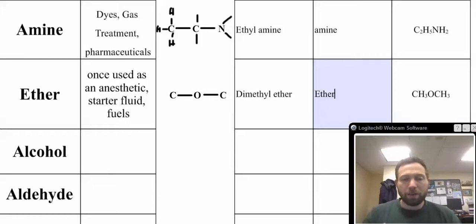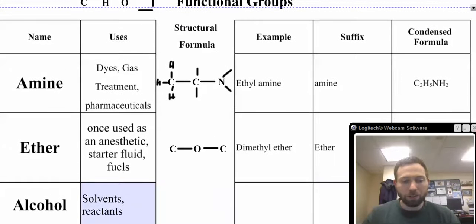All right. Alcohols. Alcohols are used often as solvents, but they're also used as reactants in reactions, so they help to create a reaction. When we're talking about alcohols, we have a chain of carbons typically, and then an alcohol has OH at the end.